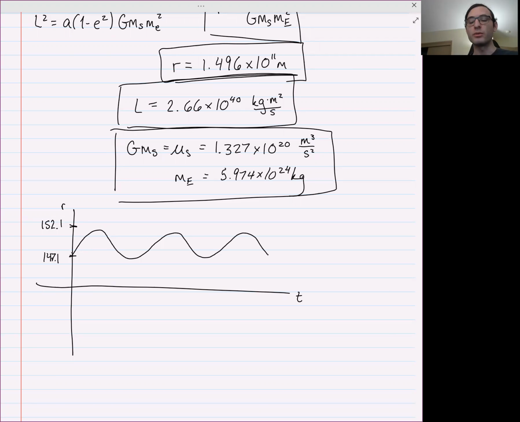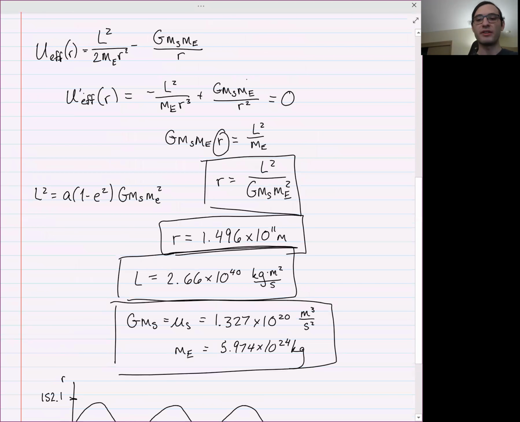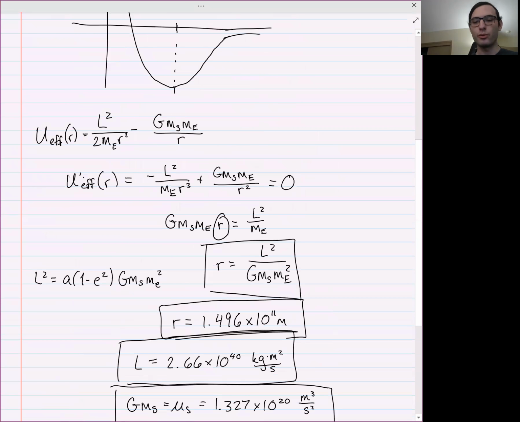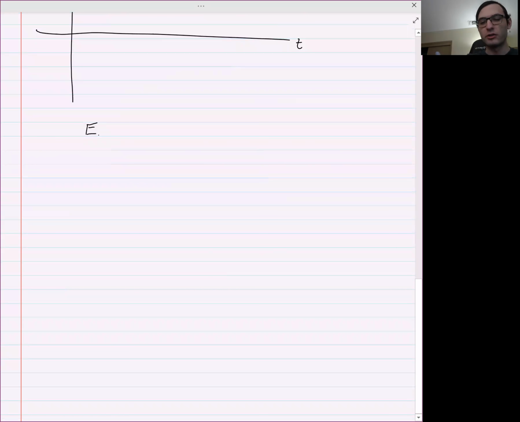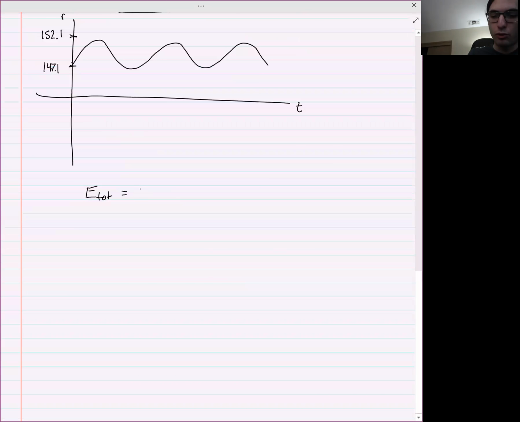And so what we do, like we did in the last lecture on Monday, is we write down what our total energy is again. So our total energy is 1/2 the mass of the Earth times the radial velocity squared, or put a different way, dr dt squared, plus U effective as a function of r.